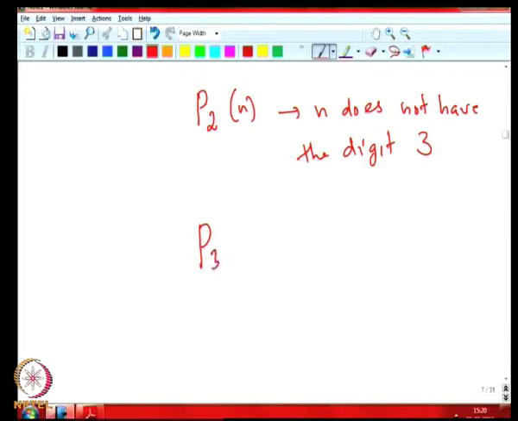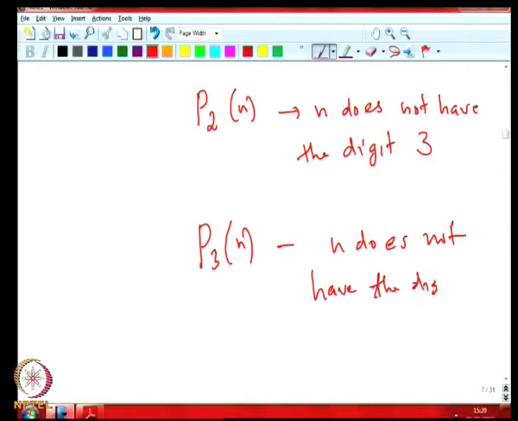Similarly, P3 of n can be defined as: n does not have the digit 8. Now we can also define the corresponding sets, as we are always saying, A1, A2, A3.